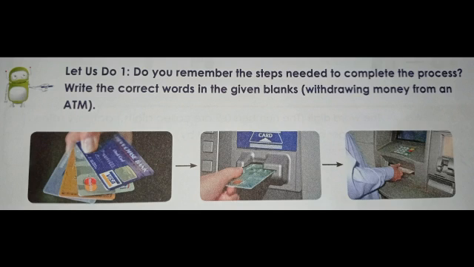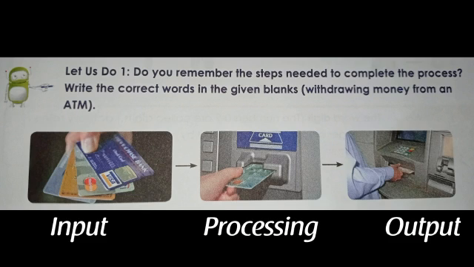Write the correct word in the given blank. Withdrawing money from an ATM. The ATM card is your input device. The ATM machine, where you put the card inside, is your processing unit, and you will get the money, which is your output device.